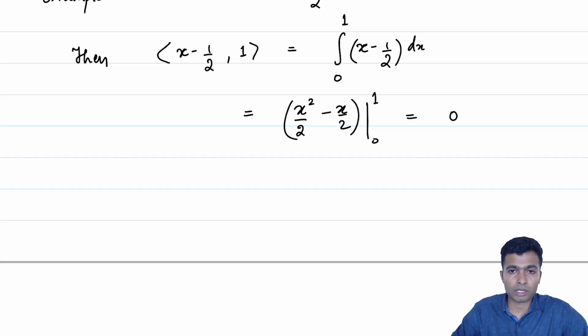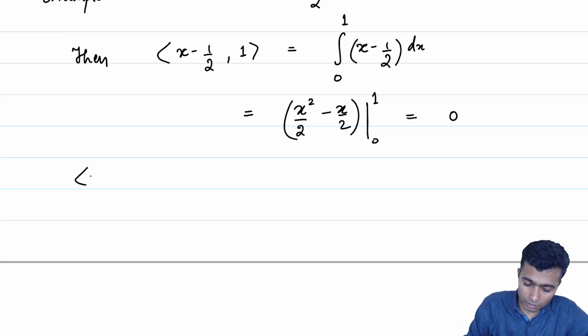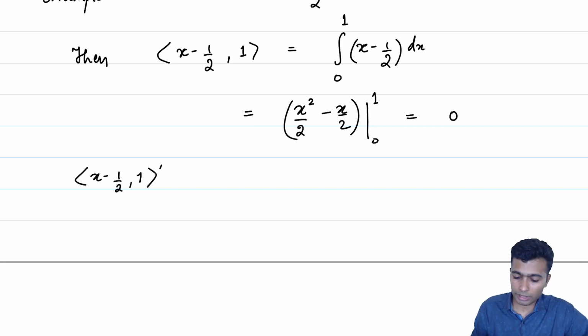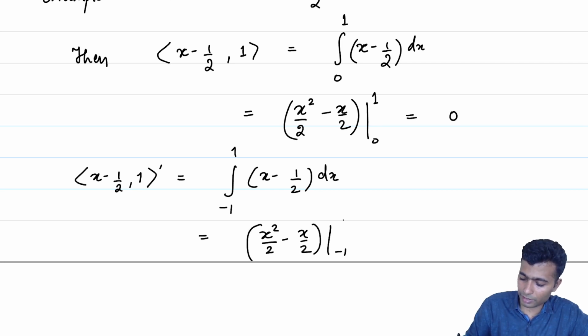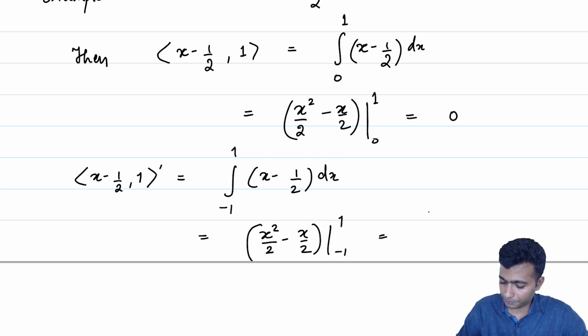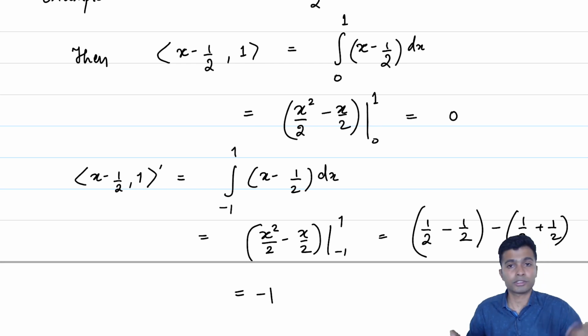Let's see if it is orthogonal with respect to the other one. The inner product of x minus half and 1, with a prime to denote that it's a different inner product, is the integral from minus 1 to 1 of (x minus 1/2) dx, which is equal to x square by 2 minus x by 2 from minus 1 to 1, which is 1/2 plus 1/2 minus 1/2 minus 1/2 plus 1/2, which is equal to minus 1, which is not 0.